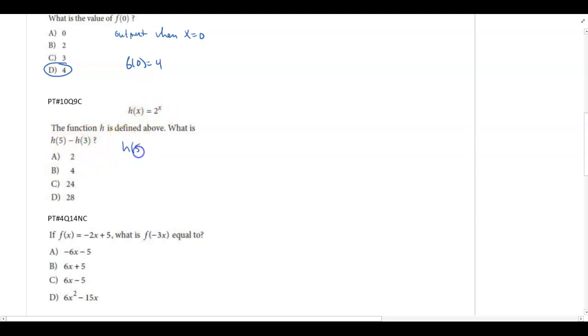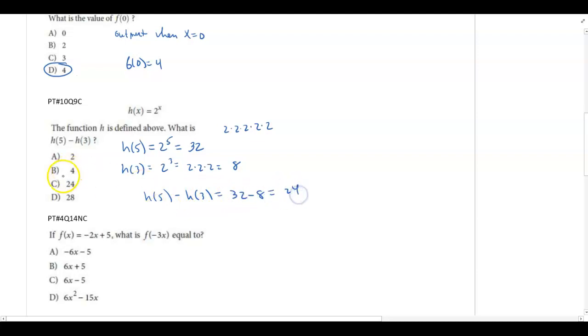So real quick, h of 5 is 2 to the 5th power, which we know is 32, because 2 times 2 times 2 times 2 times 2, right, gives me 32. And then h of 3 is 2 to the 3rd, which is 2 times 2 times 2, which is 8. And right away now, h of 5 minus h of 3 is going to give me 32 minus 8, which is 24.